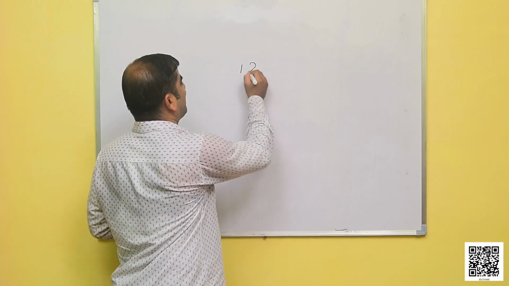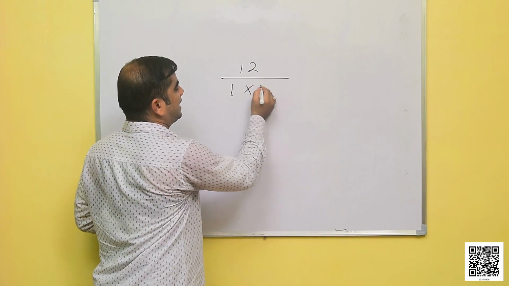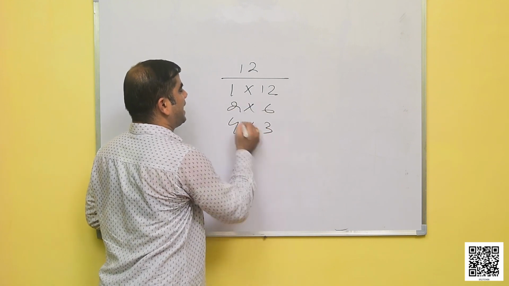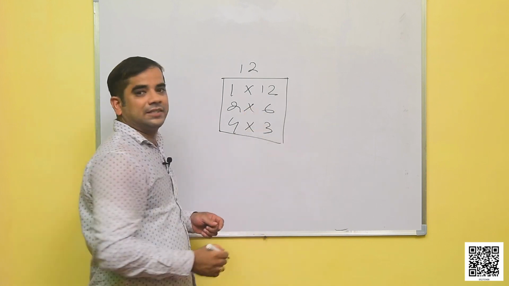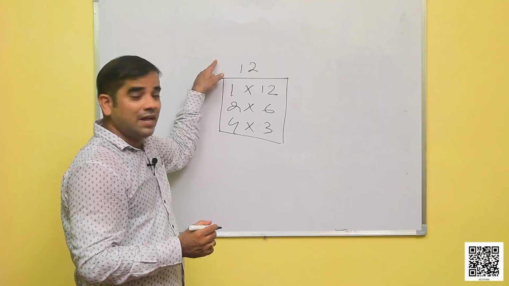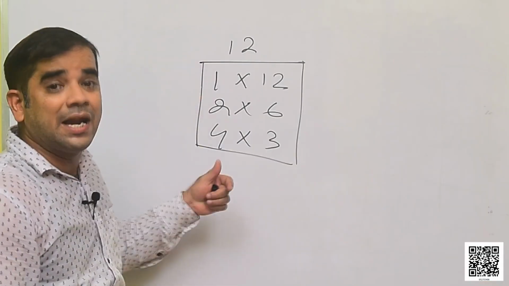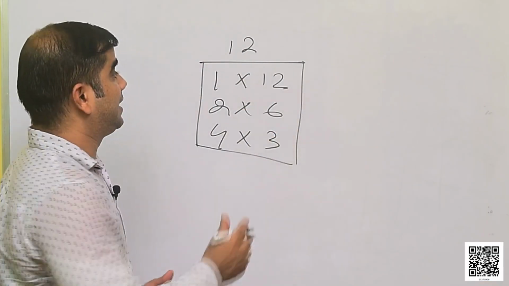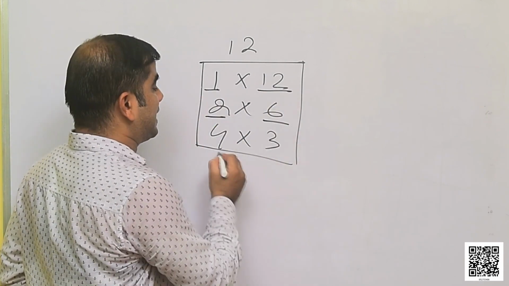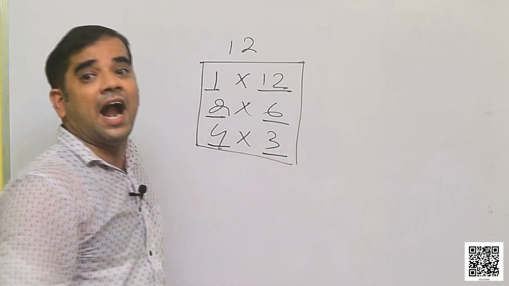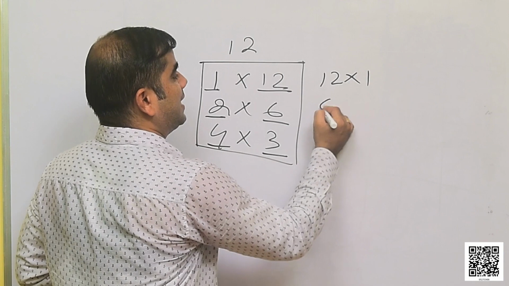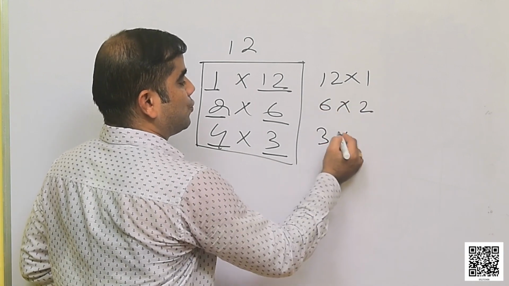That is why 12 can be represented as 1 into 12, 2 into 6, 4 into 3 and so on. So, these are the factors of 12. In this way we can make the rectangle out of it with a width of 1, length of 12, width of 2, length of 6, width of 4 and length of 3 and so on. We can alter them as well, like 12 into 1, 6 into 2, 3 into 4.